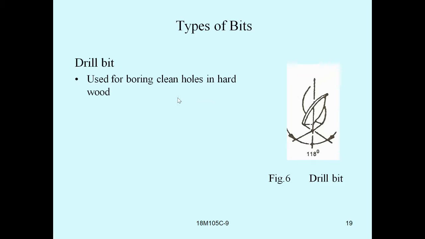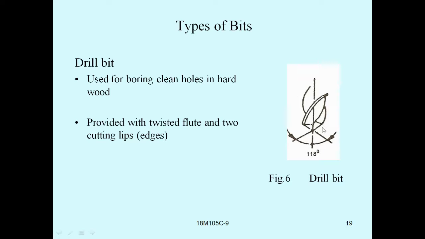If you want to produce holes with the help of a boring tool, we have to select the drill bit to produce holes on a wooden workpiece. The drill bit is provided with twisted flutes and two cutting lips on the edges. With the help of those cutting lips, we can cut the material from the workpiece.